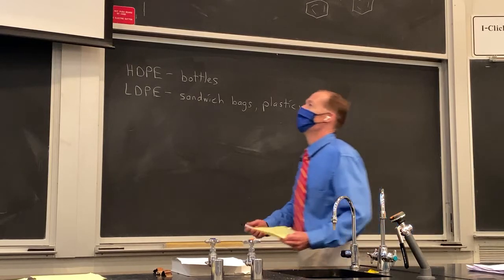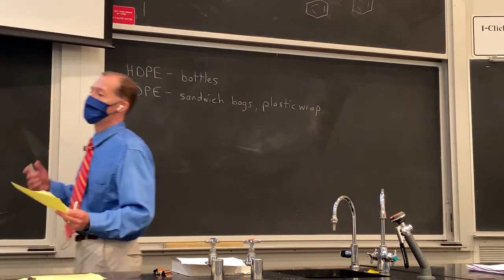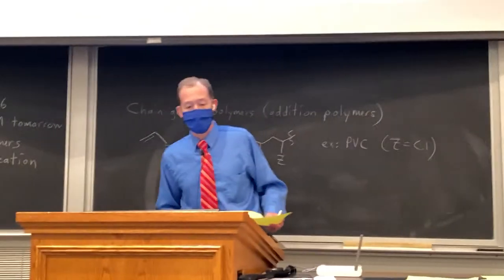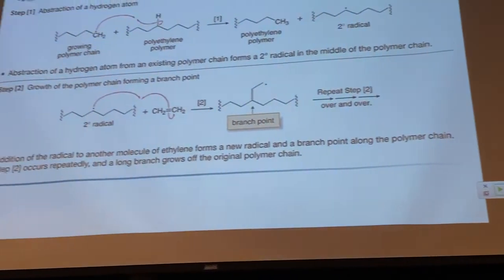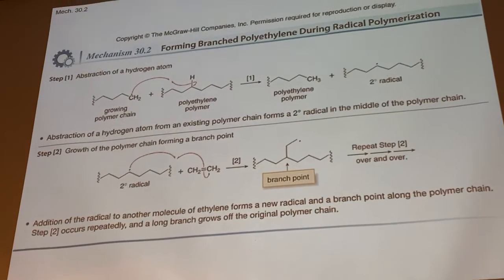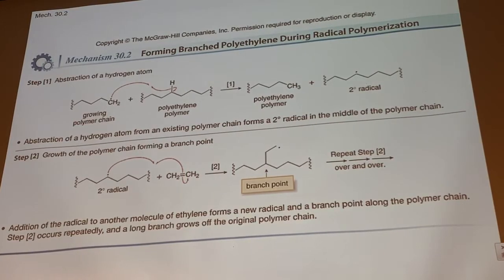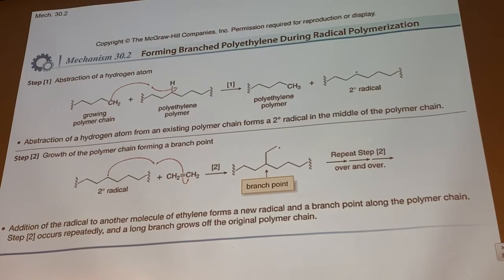All right, so you might wonder, how do we make branched polyethylene? This slide shows us the mechanism of branched polyethylene formation. It is a consequence of the fact that the intermediates, as the polyethylene chains are growing, are primary radicals. Okay?